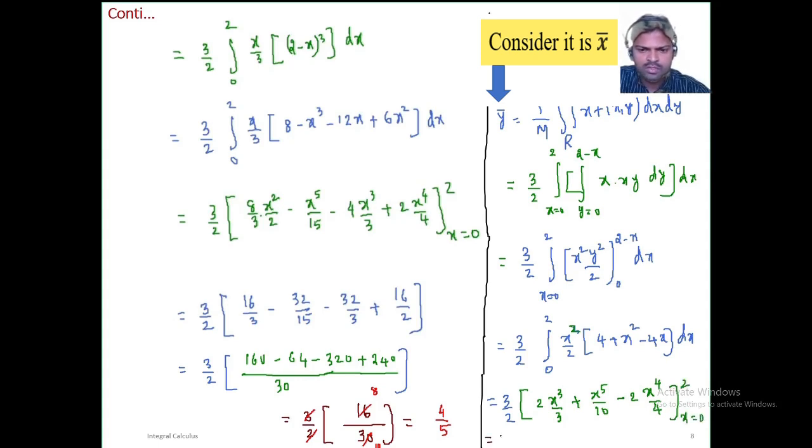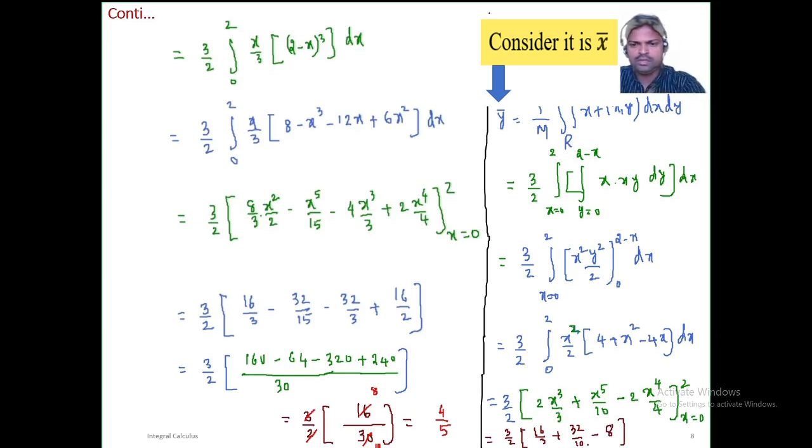So simplify this. 3 upon 2, the upper limit: 2 upon 3 into 8, so 16 upon 3, plus 32 by 10, 4 to the 8, 8 to the 16, 16 to the 32, minus 16, 4 4s are 16, and the limit is 0.